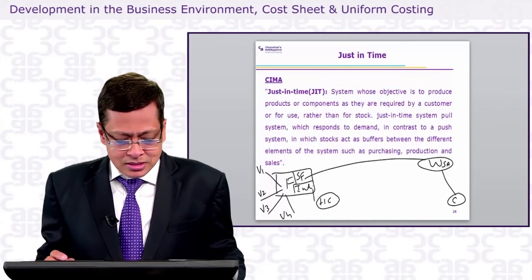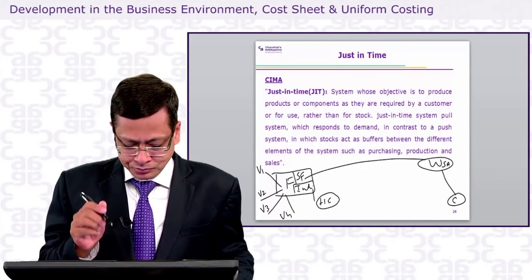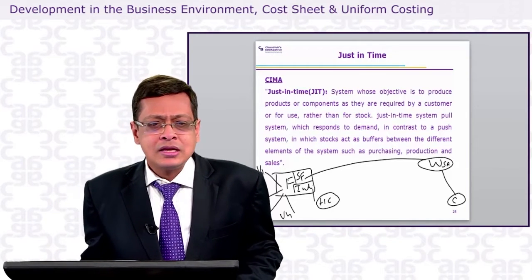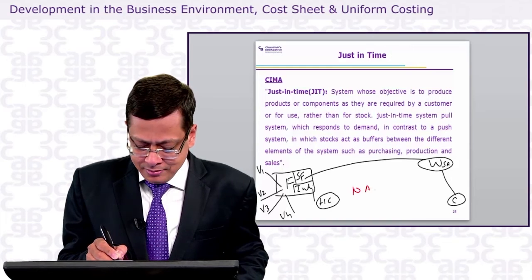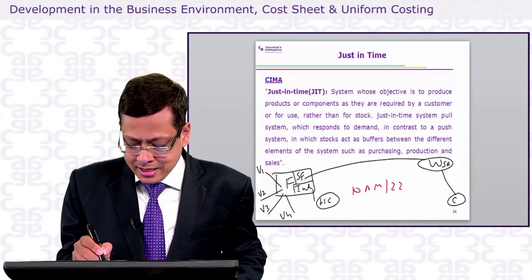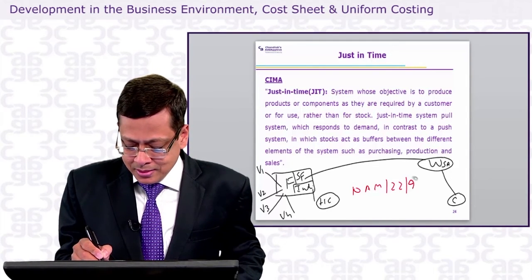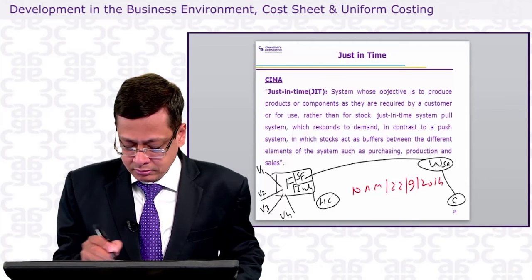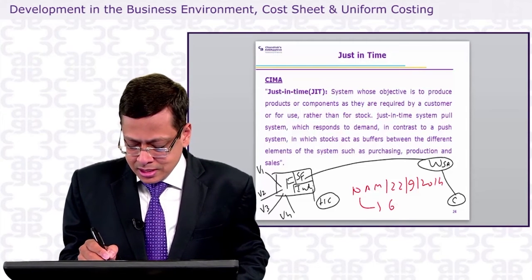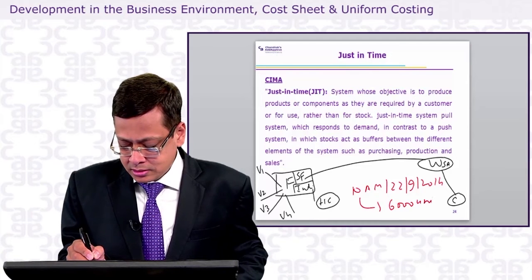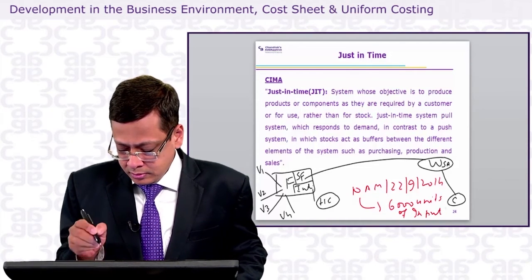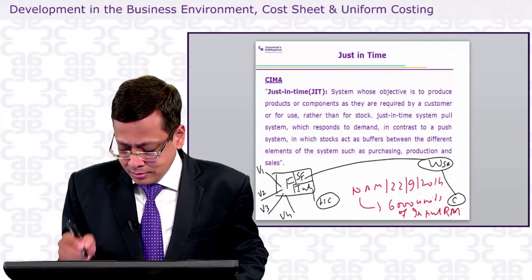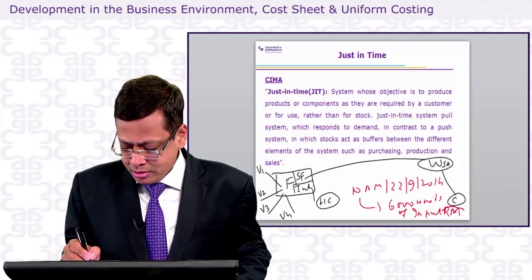Now the Japanese system says something different. It says, let's do the thing this way. You need, at 10 a.m. on 22nd September 2014, 6,000 units of input raw material. I write RM for raw material.